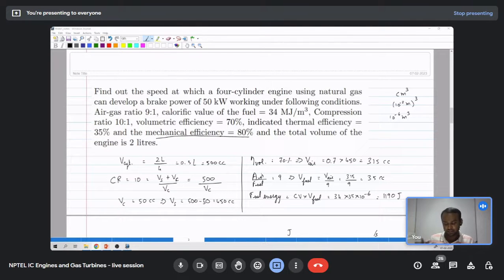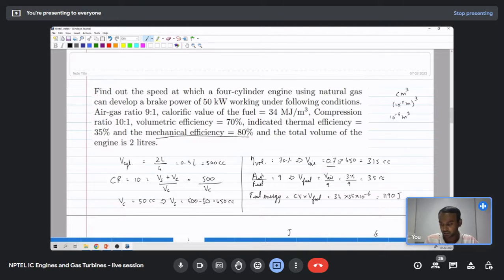With this we have the total volume and the clearance volume, and we can calculate the swept volume, that is 450 cc. Using volumetric efficiency, we can find the volume of air at atmospheric condition that goes into the engine for every cycle. Swept volume is 450 cc and volumetric efficiency is 70%, so we get volume of air as 315 cc.